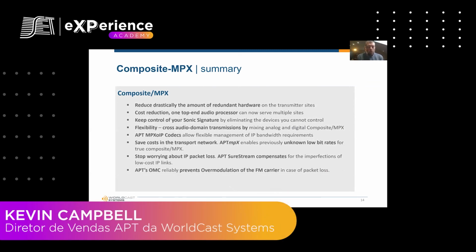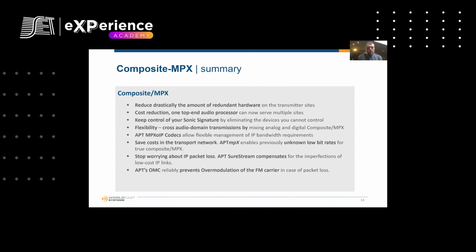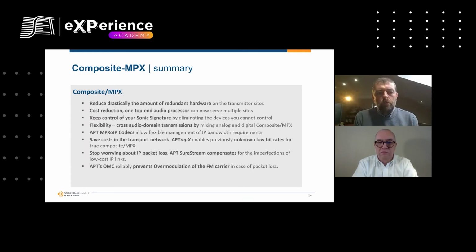So why do it, and why look at WorldCast systems or APT codecs as the solution? It will reduce dramatically the amount of hardware you have at the transmitter site. Typically, where you needed to put an audio processor and an RDS encoder at every transmitter site to generate the stereo image for your FM transmitter, now you can do that at the studio and use multicast or multiple unicast technology over IP to distribute that signal from a single site.